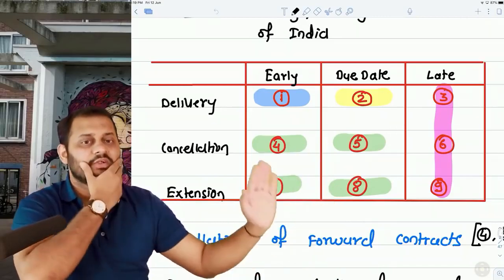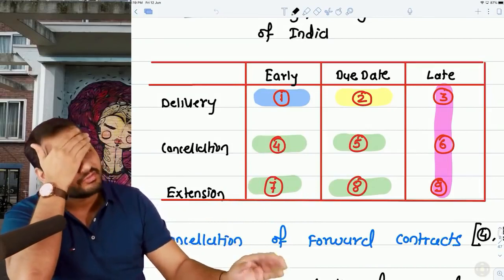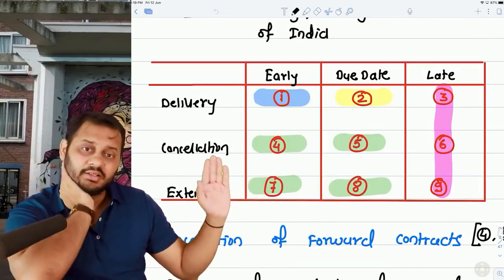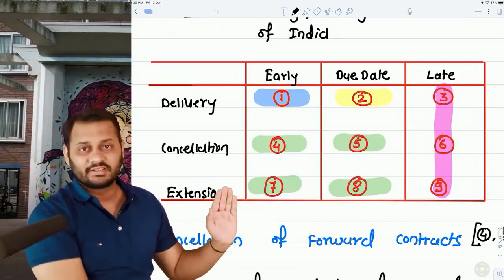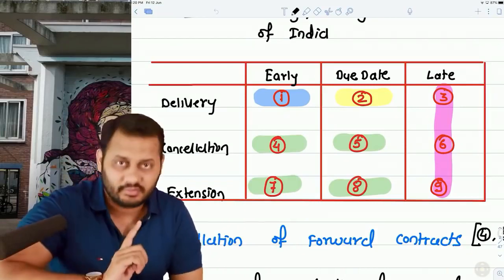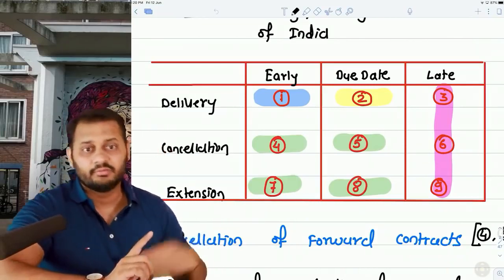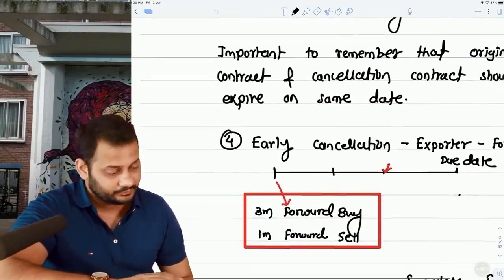So in the first part we took this. In all 4 parts you understand that we will cancel the old contract. In this, though we are already cancelling, but in these two also, before extending we need to cancel the old contracts. Let's first take cancellation on early date and cancellation on due date.